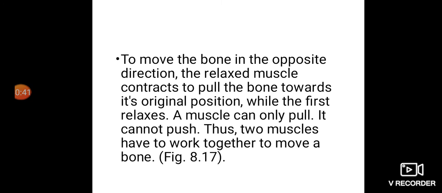Find out the answers. The skeleton I have told you: what is the skeleton? The framework. The body consists of a number of bones, and the framework of it is known as the skeleton.